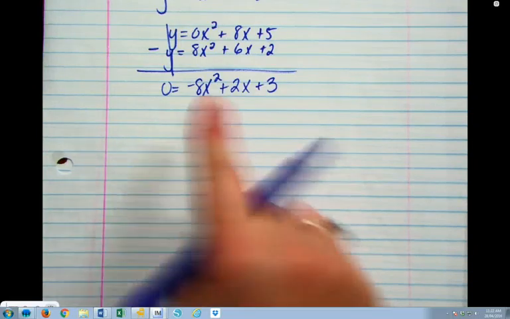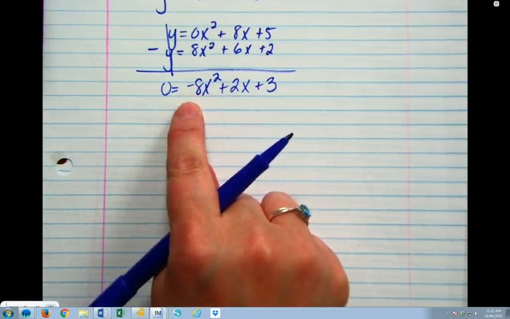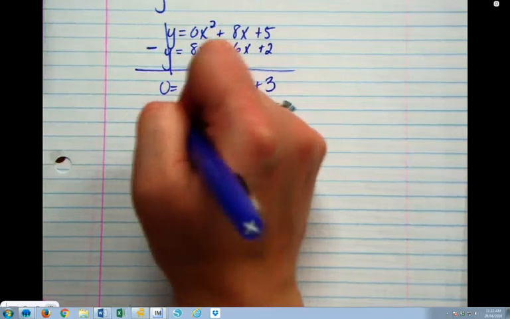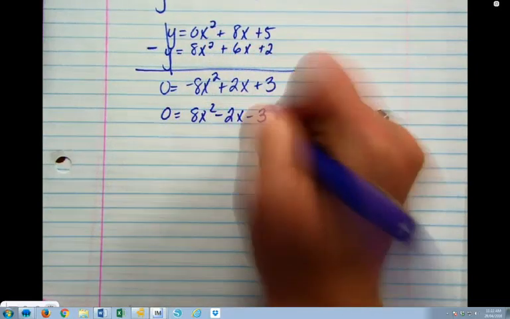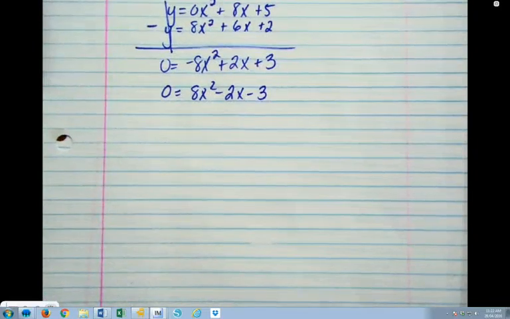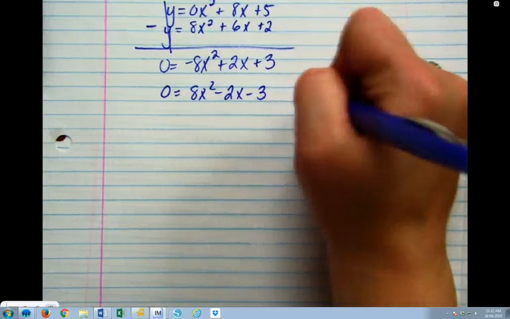Okay, if we want to factor, what do we probably want to do here with the minus? Okay, so get rid of it. Products.